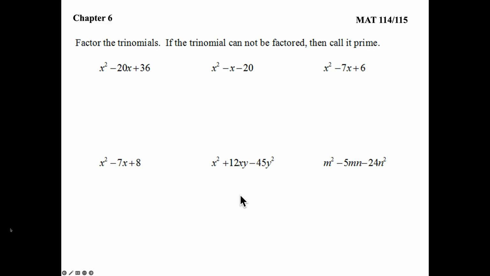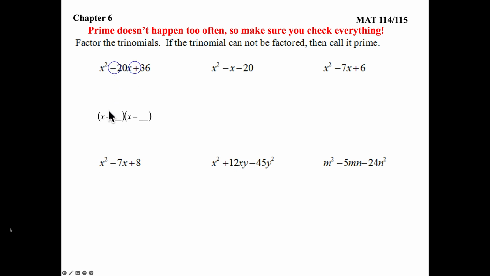Okay, some more examples. Factor the trinomials. If the trinomials can't be factored, then call it prime. Prime doesn't happen too often, so make sure you double check all your numbers. We got a plus 36 right here, which means my signs are the same. They're both going to be minus, so x minus, x minus. What two numbers multiply to be 36 and add up to be 20?